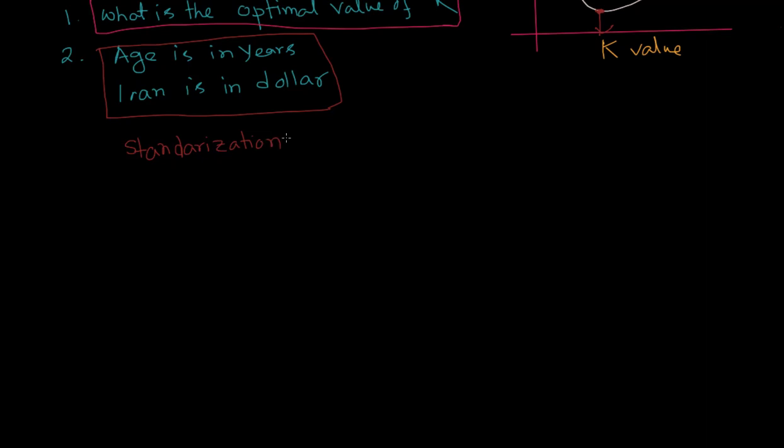Okay, so what is that? Now for each and every feature, the new value of the feature, if I present it as x_new, will be the current value of the feature minus the minimum value of the feature, divided by the maximum value for that particular feature minus the minimum value for that feature.